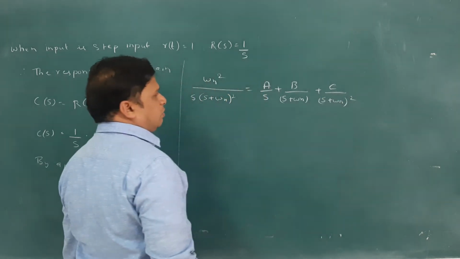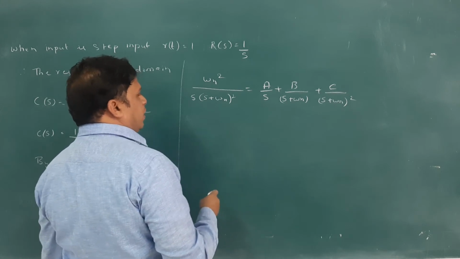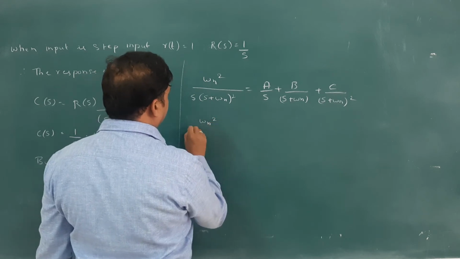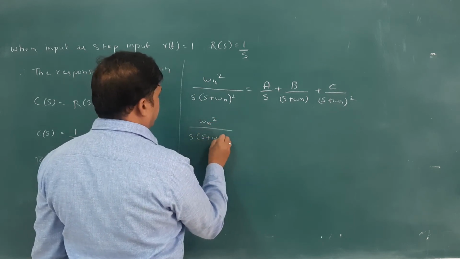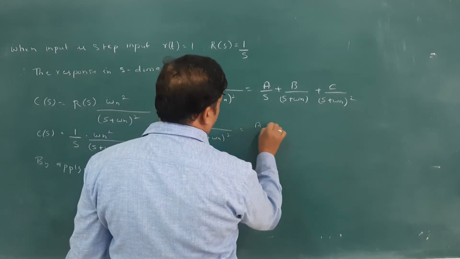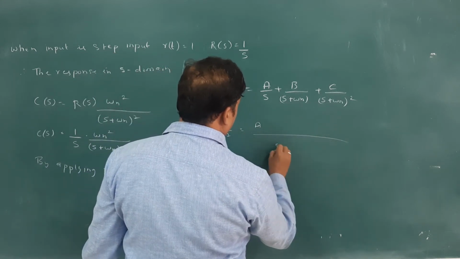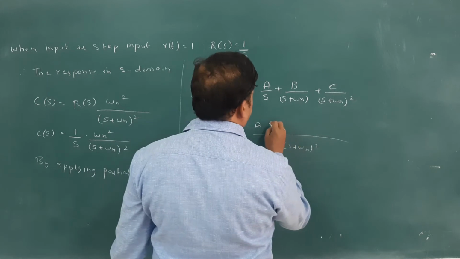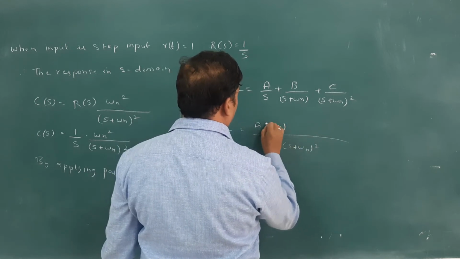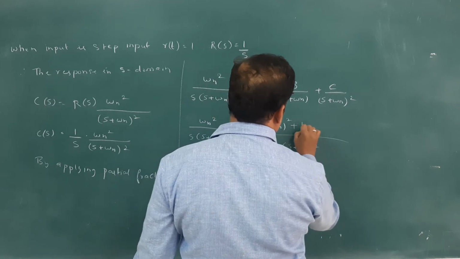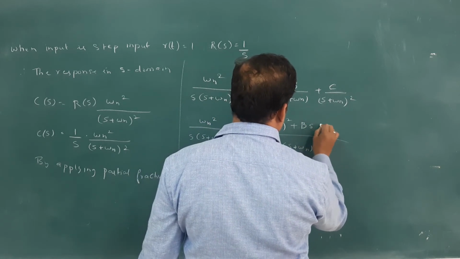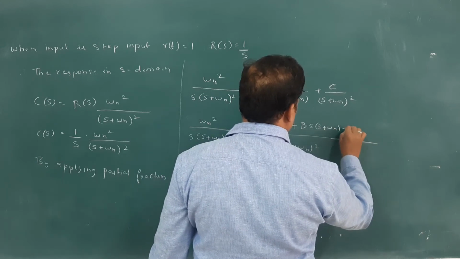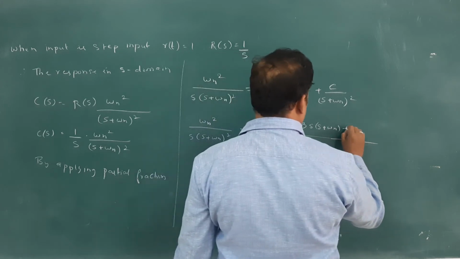If you do the partial fraction for this, you can get the values of A, B and C. Here omega n square is equal to A into s plus omega n whole square plus B into s into s plus omega n plus C into s, where we take the LCM first.